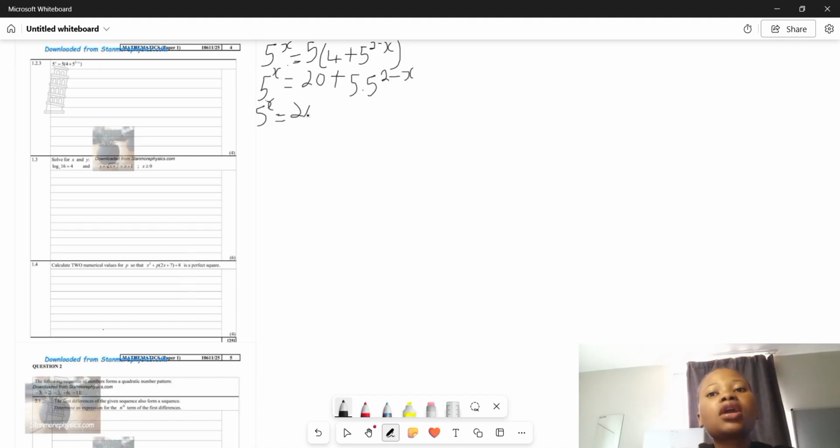All right, now since we have something similar to this, we are going to try by all means to simplify it. So we have is equal to 20.